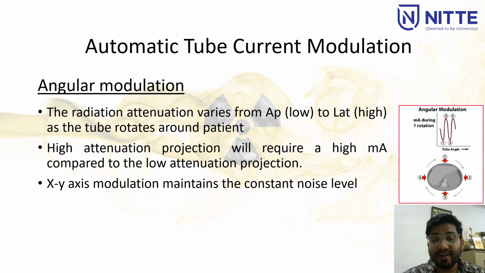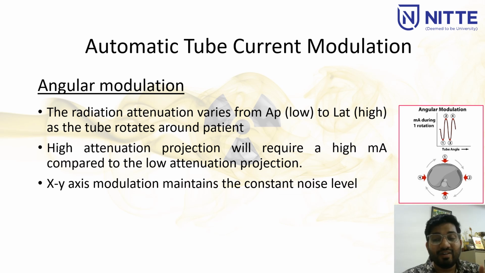In the picture you can see one direction, anterior to posterior. The thickness is lesser, so the passage of radiation is lesser, but going from one lateral aspect to the other lateral aspect, the thickness is higher.